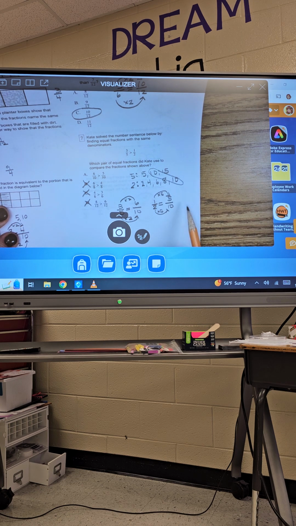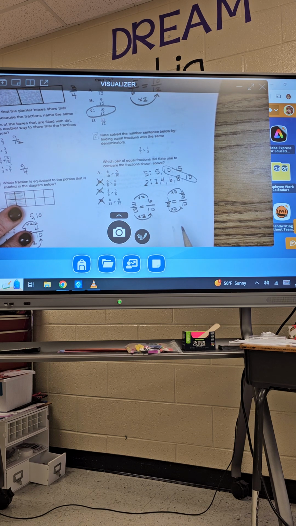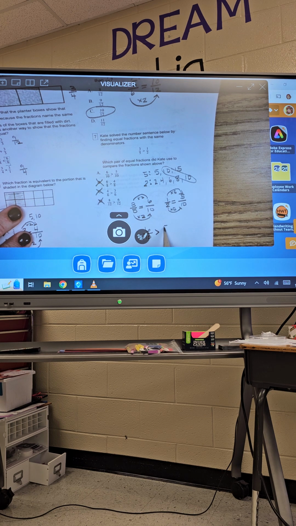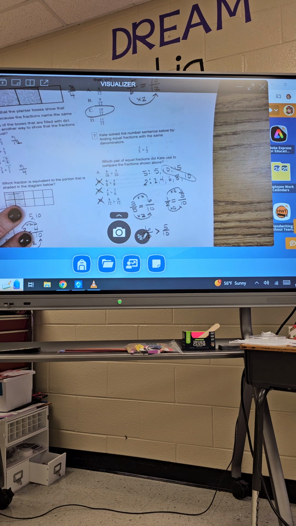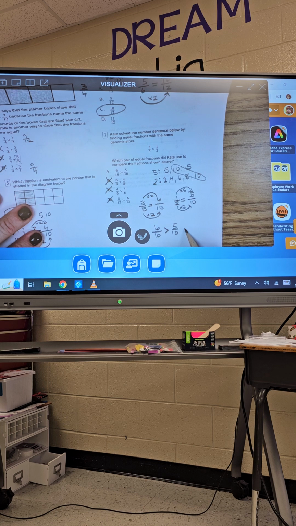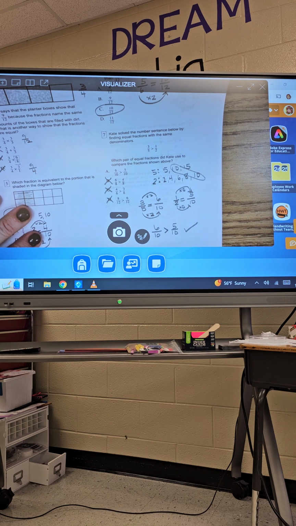And 5 is half of 10. So I'm confirming all along that what I'm doing is correct. So I look at them again now. 6 tenths, is it greater than 5 tenths? My answer is yes. So I confirm once again that I have done the right thing. My only answer must be A.